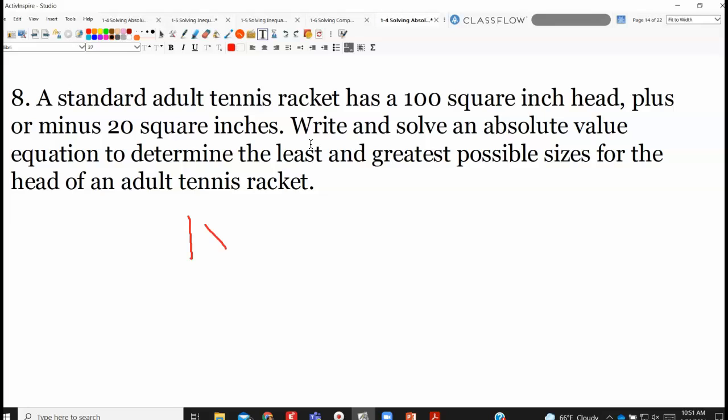So we're going to do the absolute value of x minus 20 is equal to 100. So that's one option. Because then you could do 120 minus 20 is 100, or 80 minus 20 is negative 100, which would also give you 100.